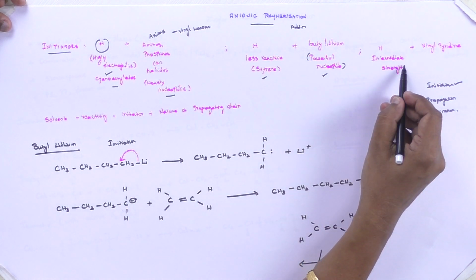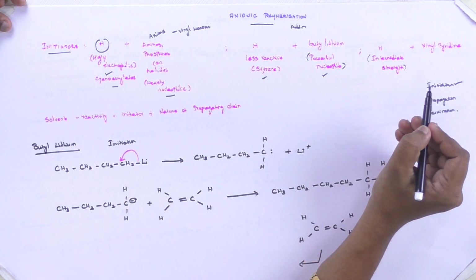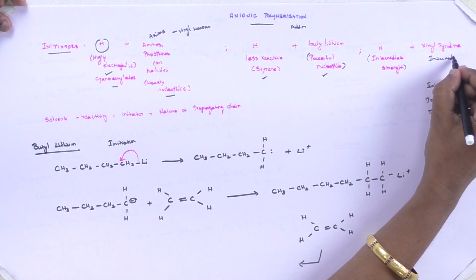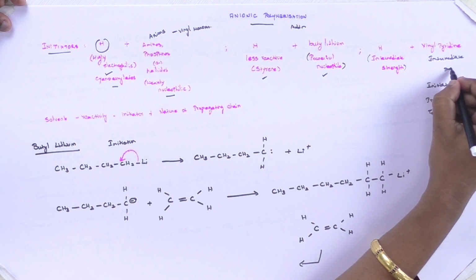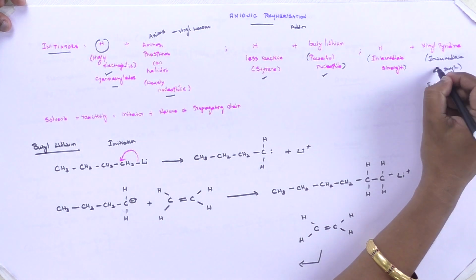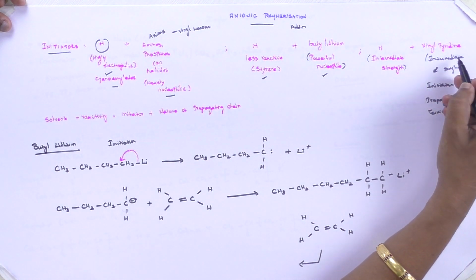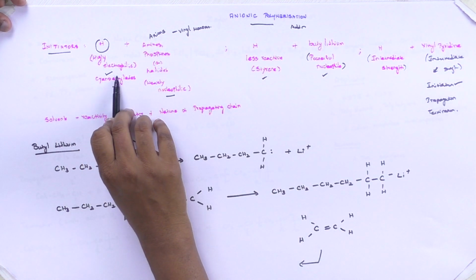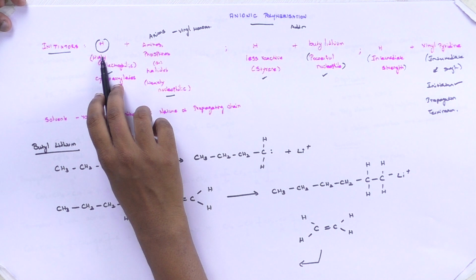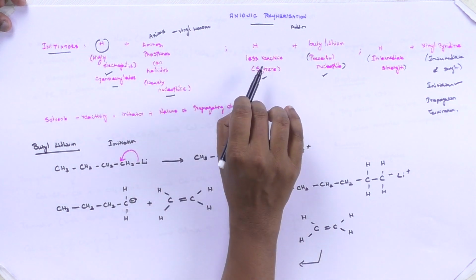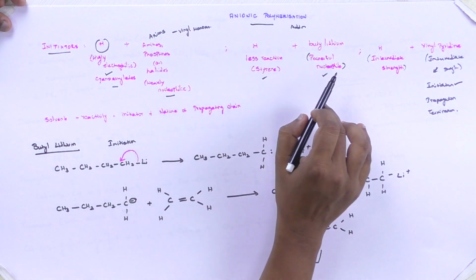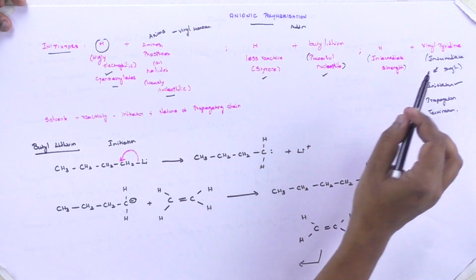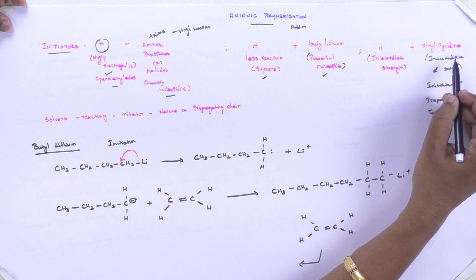Next we have an intermediate strength monomer, for which you can take an initiator of intermediate strength such as vinyl pyridine. So for a highly electrophilic monomer you can take amines, for a less reactive monomer you can take butyl lithium, and for an intermediate strength monomer you can take vinyl pyridine.